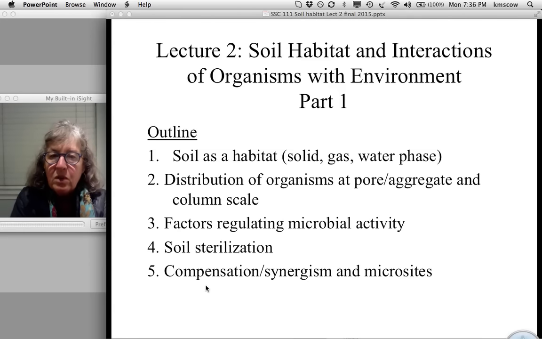Then we're going to go into what are the different factors that regulate microbial activity, and hopefully have a class exercise that will help you interact with this information a little bit more directly.